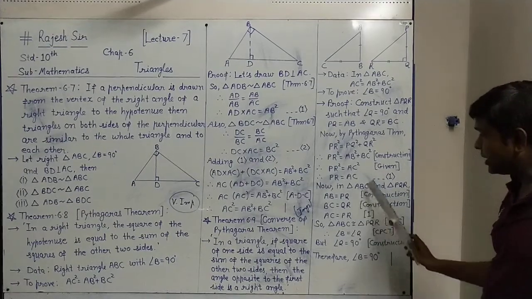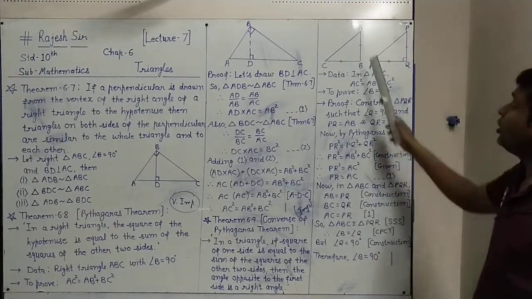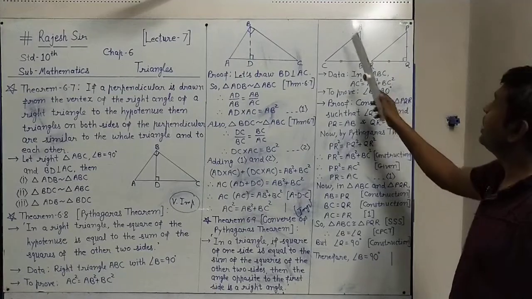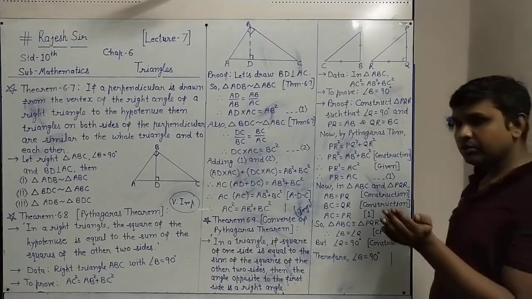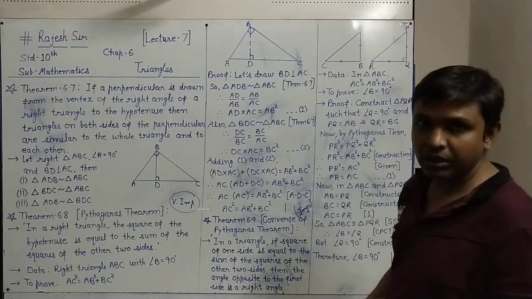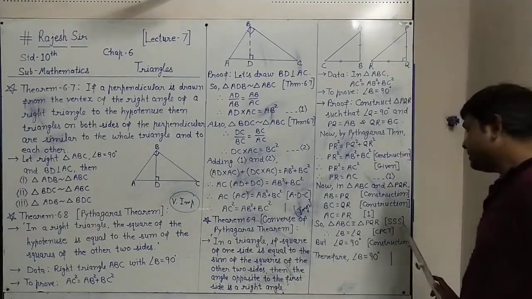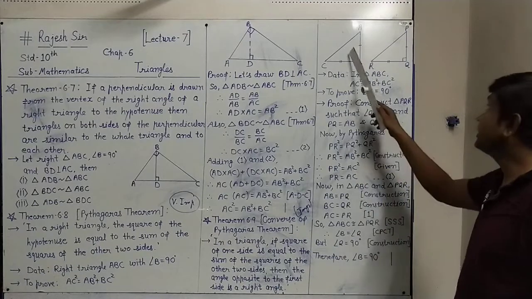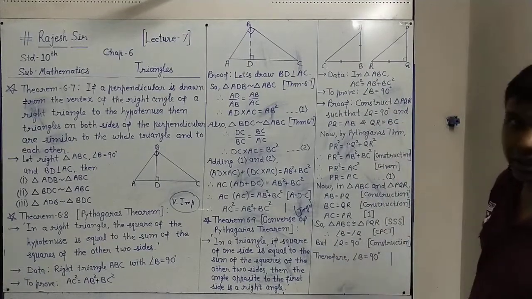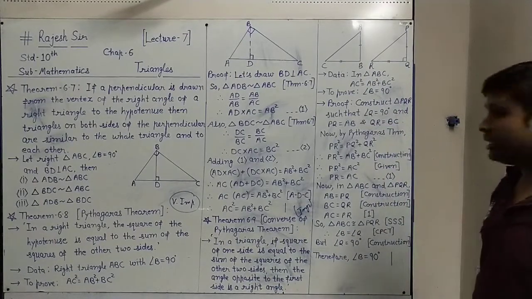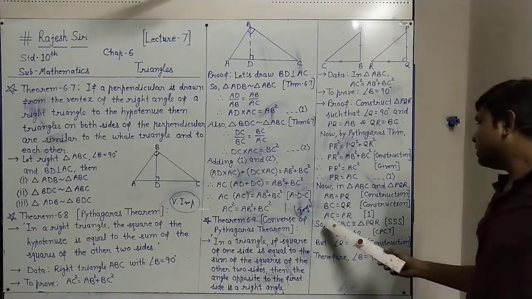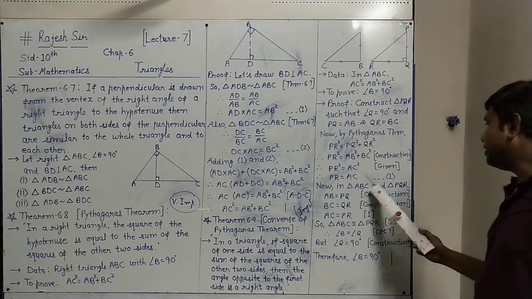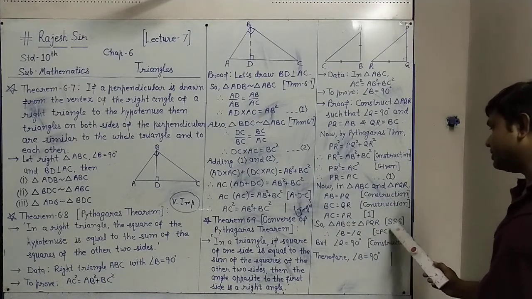So what we have shown actually in these two triangles is that all three corresponding sides are equal. If in two triangles all the corresponding sides are equal, by SSS, we can say both the triangles are congruent, not only similar, they are especially congruent triangles. So triangle ABC is congruent to triangle PQR by SSS.